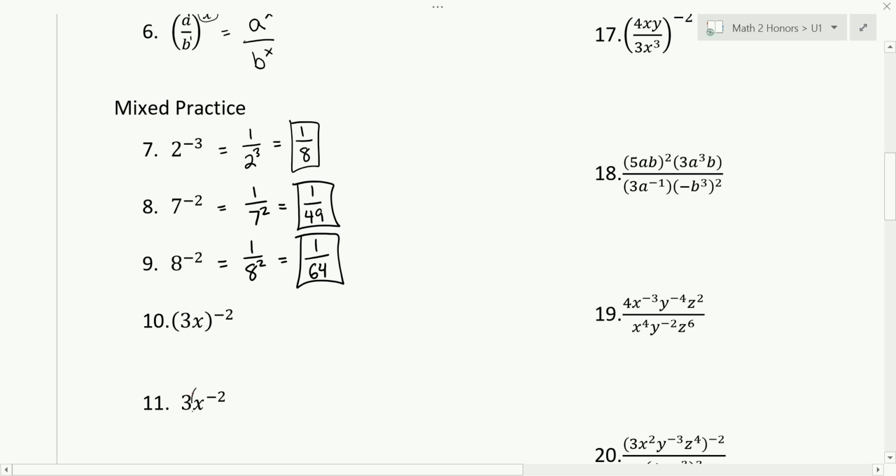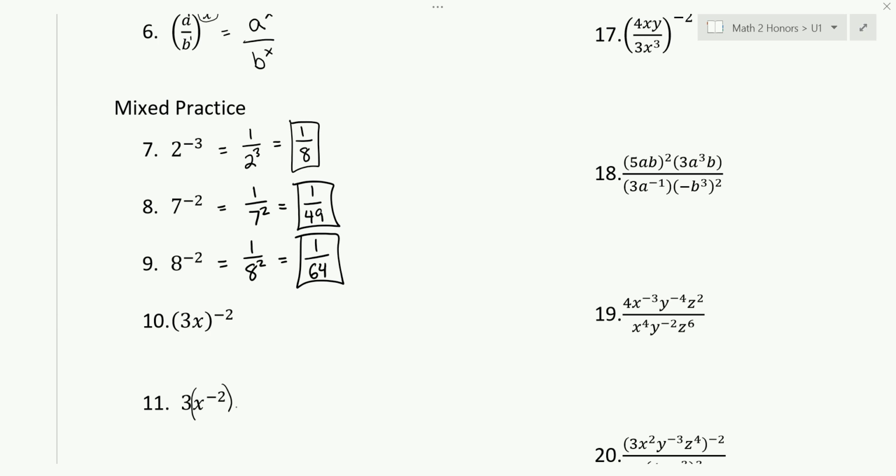Exactly. So in number 11, that negative 2 power only belongs to the x. In number 10, that negative 2 power belongs to both the 3 and the x. So there is a difference, so you should get a different answer.